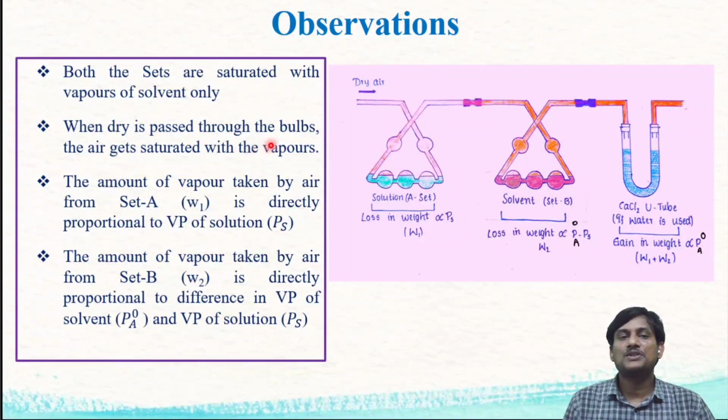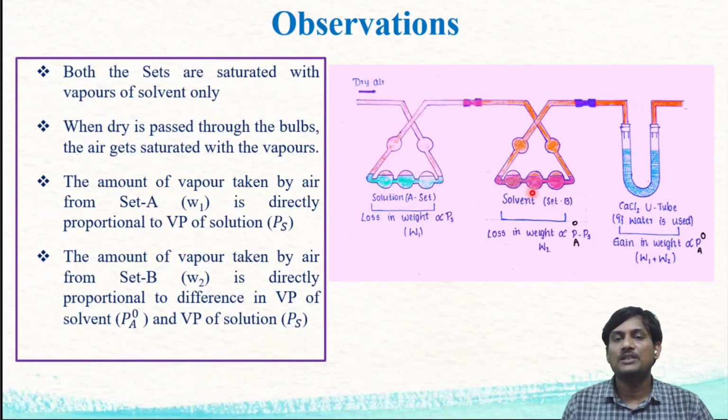When dry air is passed through the bulbs, the air gets saturated with the vapors. When dry air is passed through set A, the air is saturated with the solvent vapors. When it is passed through set B, here also the air is saturated with the pure solvent vapors.